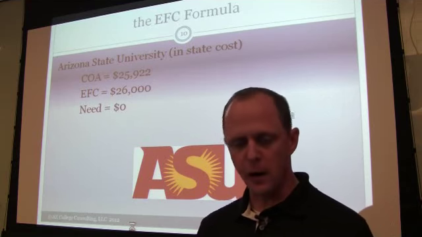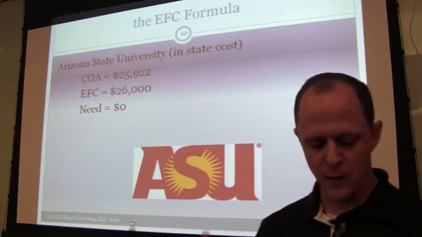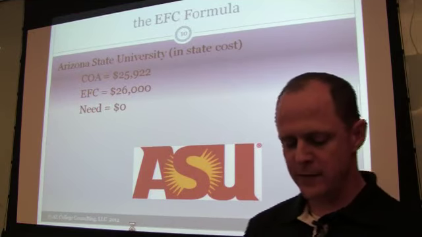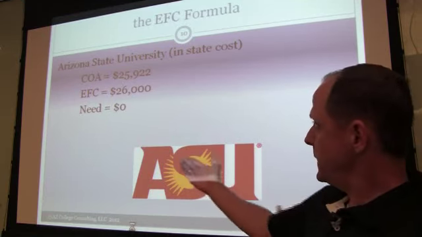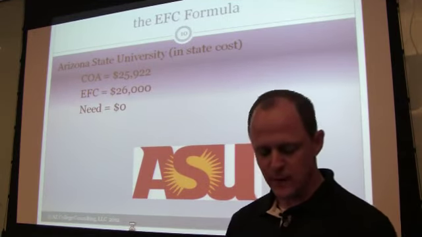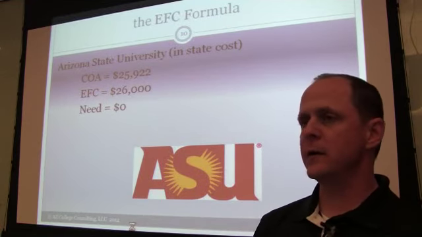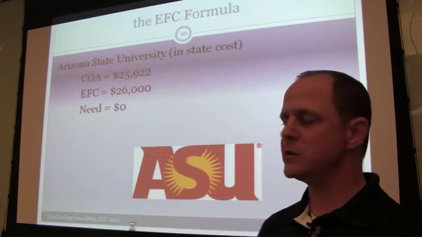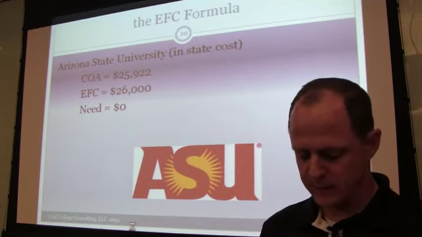That's the total cost, not just the tuition fees. So at ASU, $25,922. And in the example that I'm showing you here, this family's EFC is $26,000. That's greater than the cost of the college. When you subtract those two, they don't qualify for need-based aid.